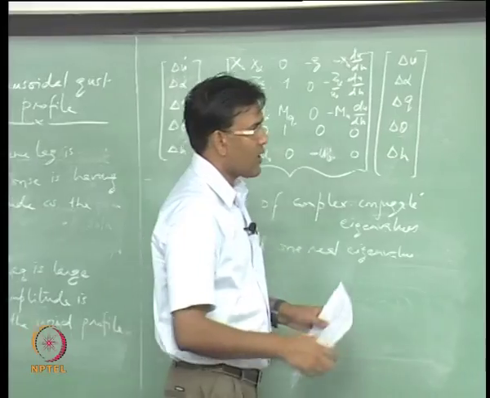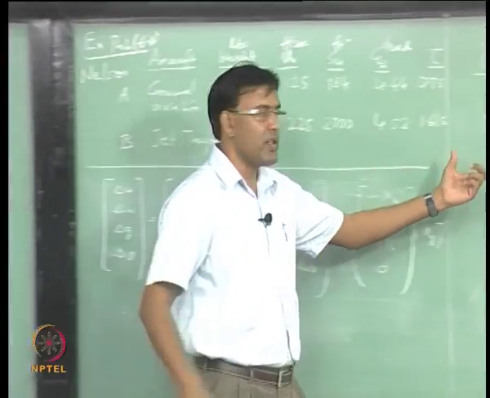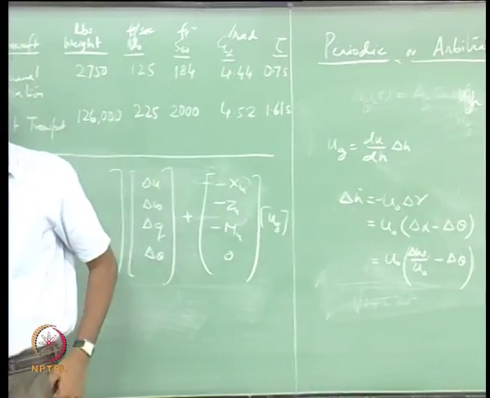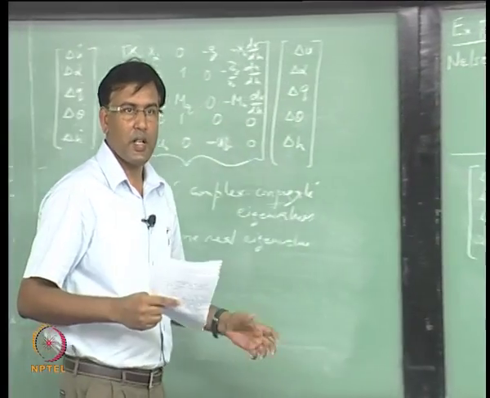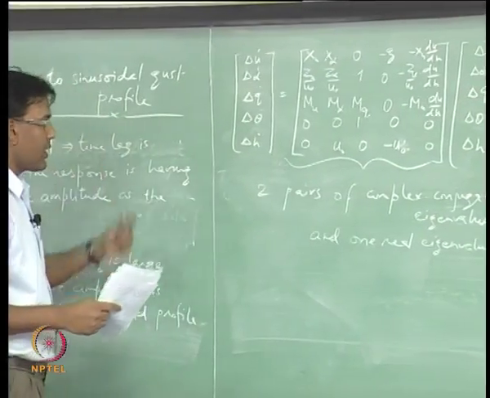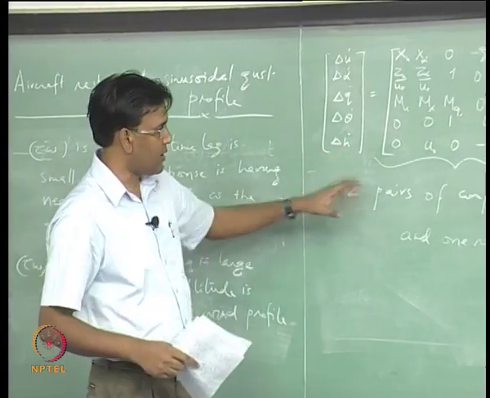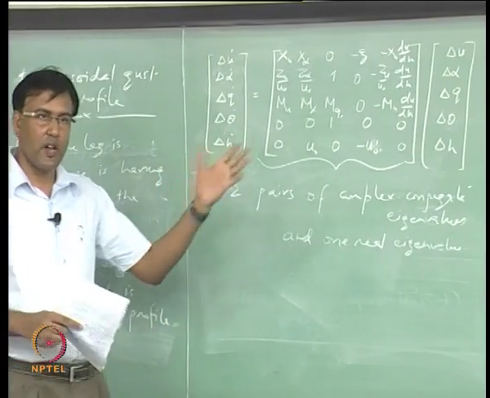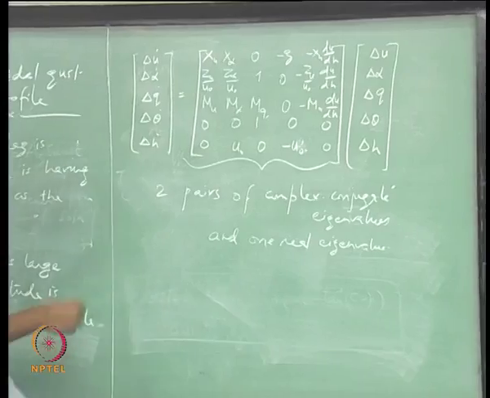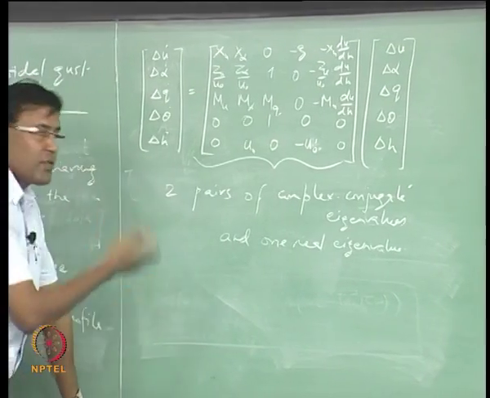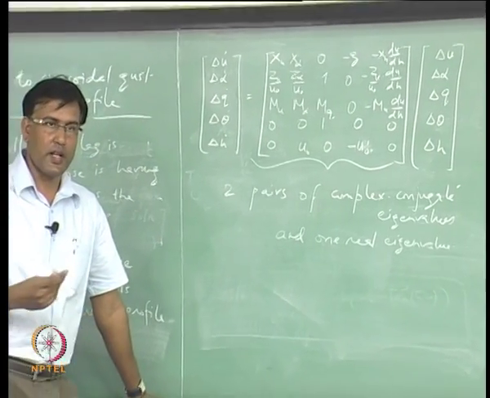So we have sort of understood that change in u is not going to affect the short period motion, right, and that can be seen here also. When you solve this set of equations, it is not going to have much effect on the short period motion. Okay. The Phugoid is different.